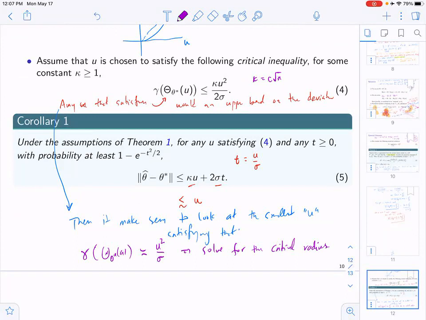Then, or should we do this? I'm not sure. Things are a little bit... Stop here. So let me try to see if I can.